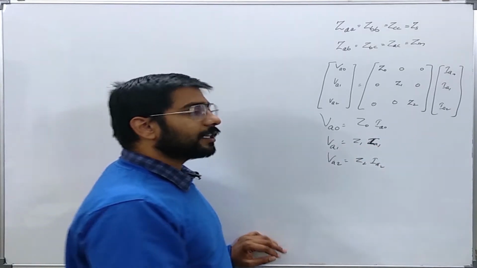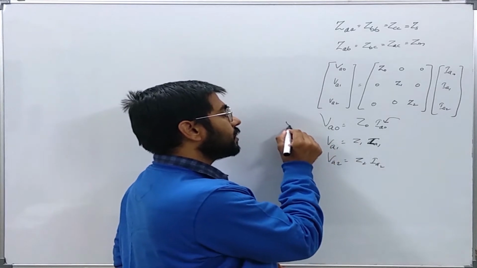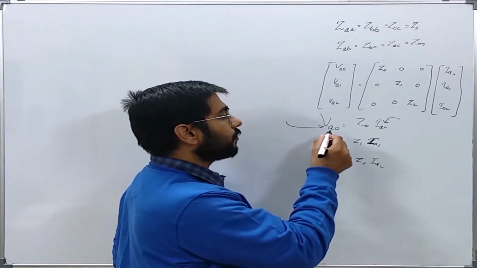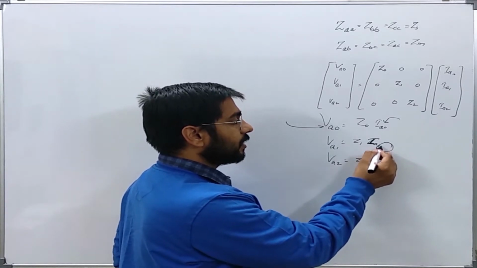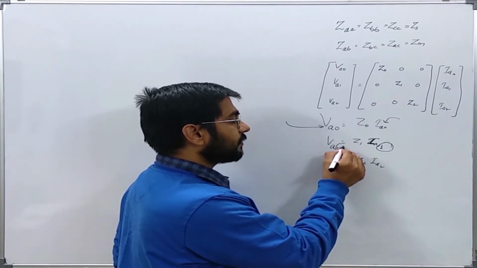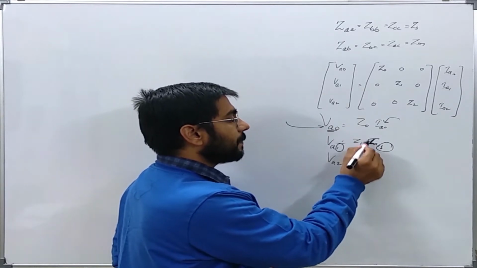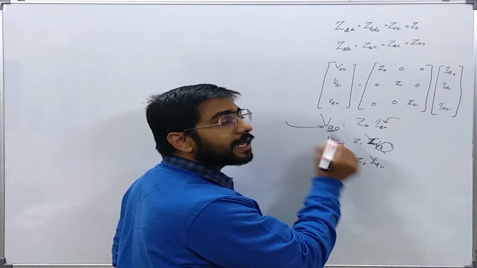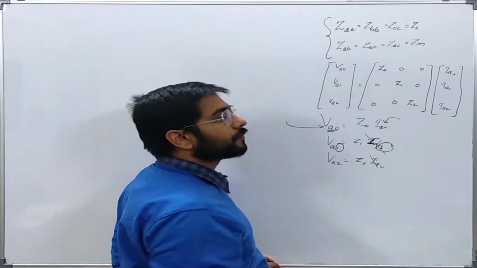So you see that the flow of one type of sequence current only generates a voltage drop of that type of sequence. Like positive sequence current is developing a positive sequence voltage drop only. The zero sequence voltage drop is not depending upon the positive sequence current or the negative sequence current for a load which is following this property.